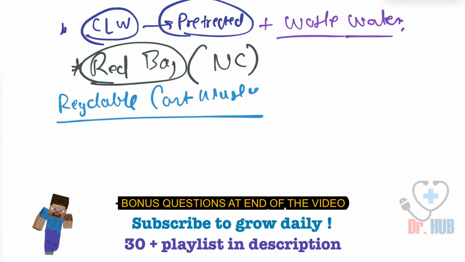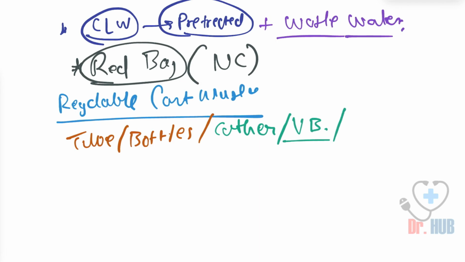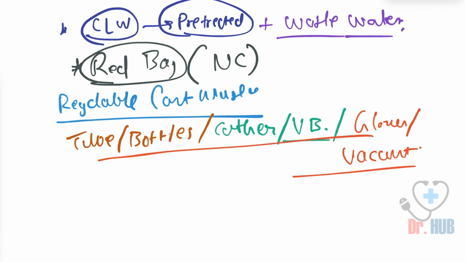It can include the contaminated waste tubing, bottles, intravenous tubes or sets, catheters, urine bags, as well as vacutainers with needle cuts, and gloves. All these items are included in the red bin.